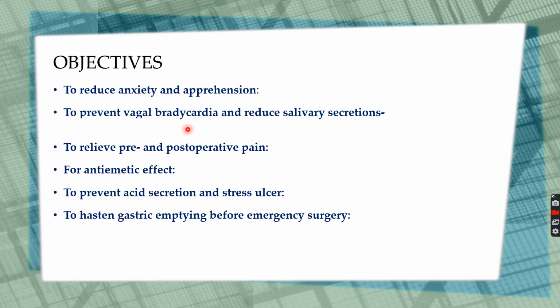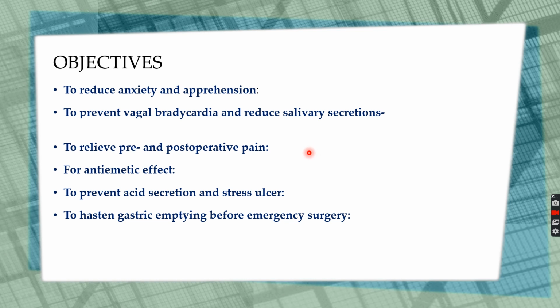The second objective is to prevent vagal bradycardia and reduce salivary secretions. This is important because if vagal bradycardia happens, then sometimes the person can go in for asystole and arrhythmias, which can be problematic, and salivary secretions need to be reduced, especially when we are intubating the patient. So it is important so that the person does not aspirate his own secretions.